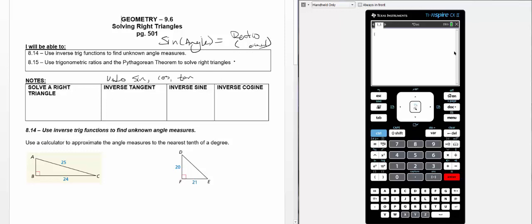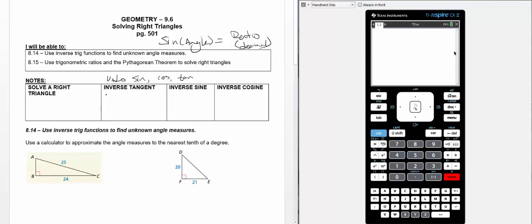What these inverse functions do is the exact opposite. They take in the inverse of some ratio, and that will spit out what an angle is going to be.